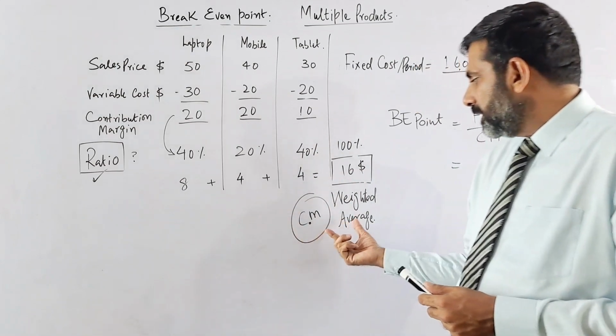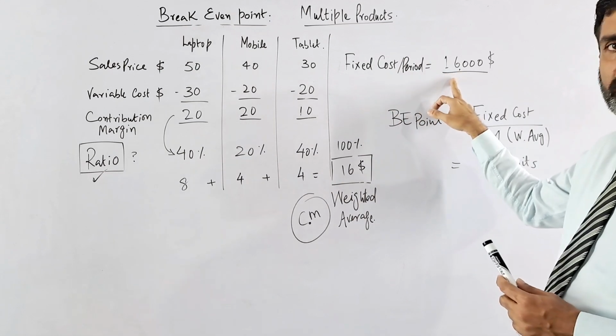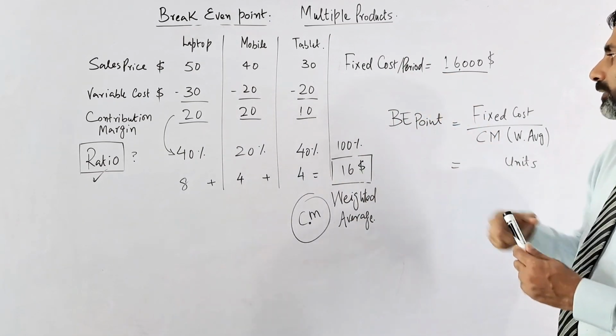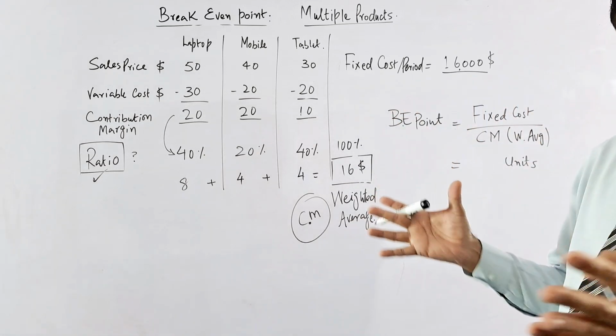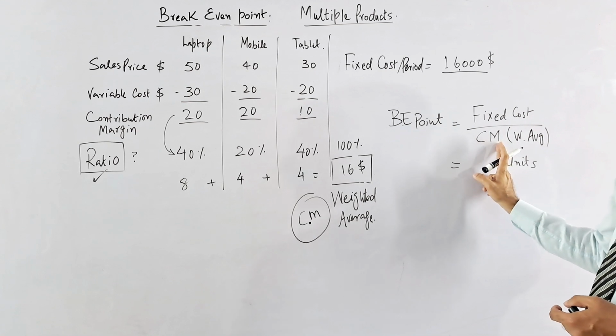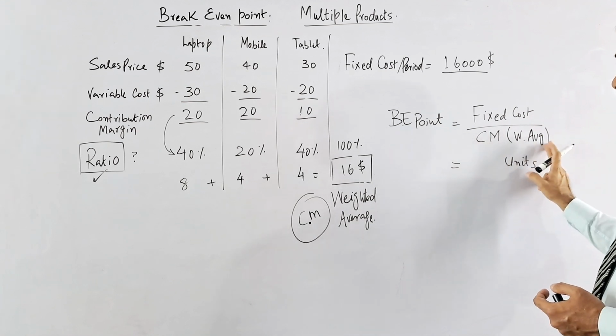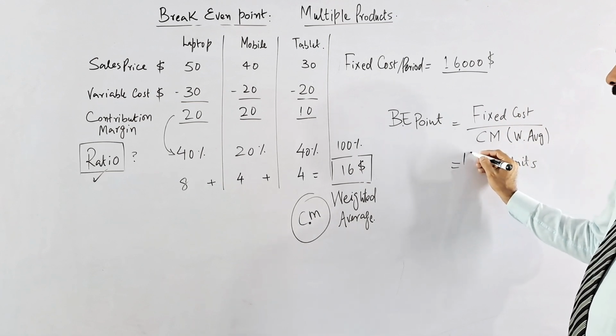The weighted average contribution margin is 16, and the fixed cost is 16,000 for that period. The break-even point will be for all the products as a combination. So we have the fixed cost divided by the weighted average contribution margin. So here we have the fixed cost of how much?